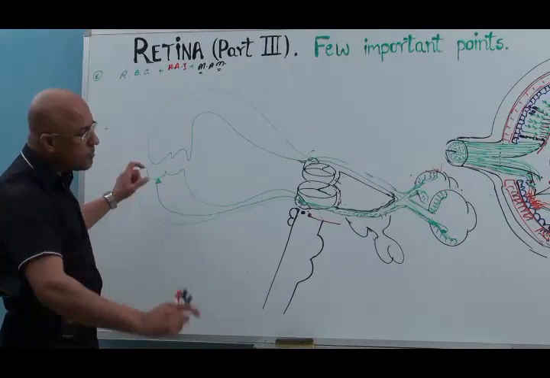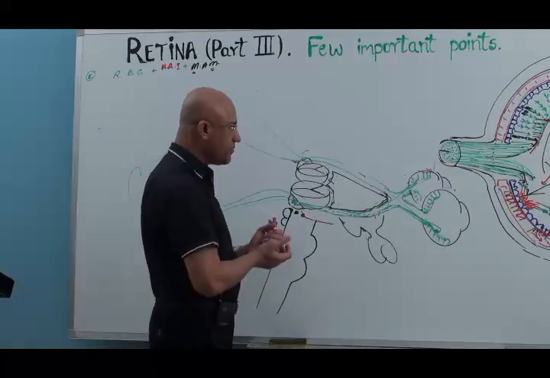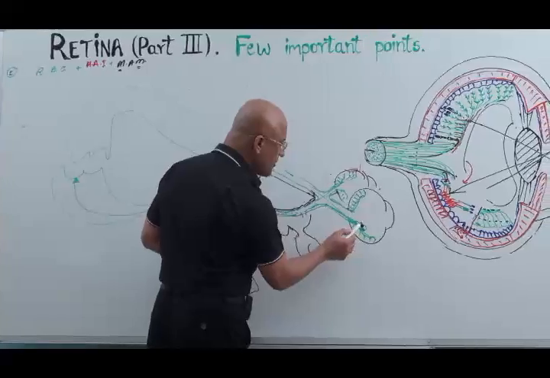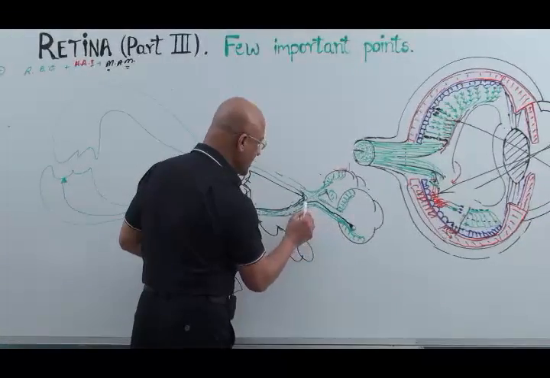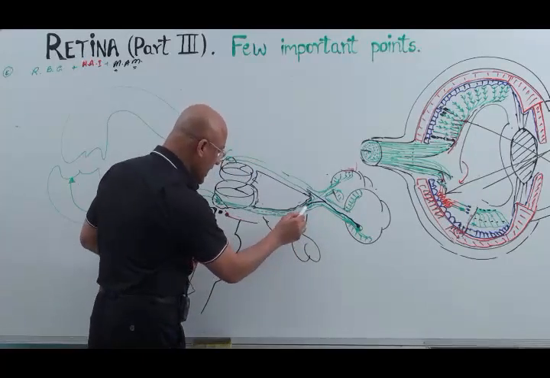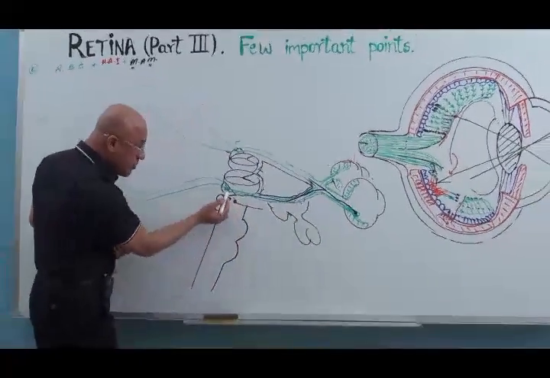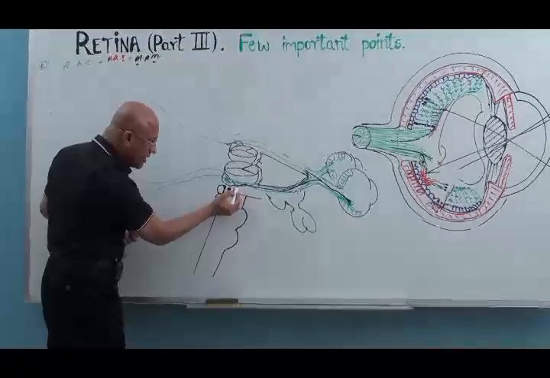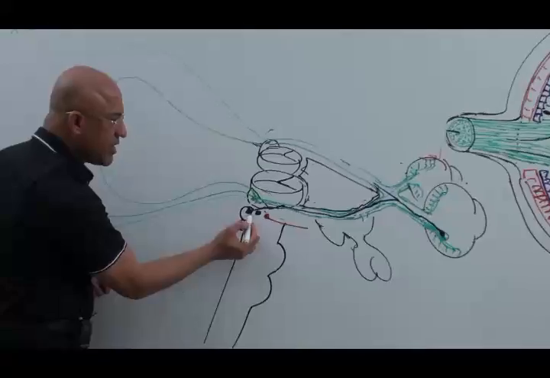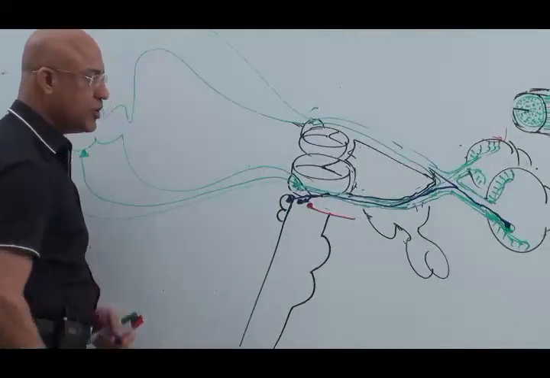Am I clear? But there are other pathways also. Let me make the other pathway with blue. Some of the fibers from here take information, they cross also, and before reaching the lateral geniculate body, they separate. And these fibers come to the superior colliculus and pretectal nucleus.